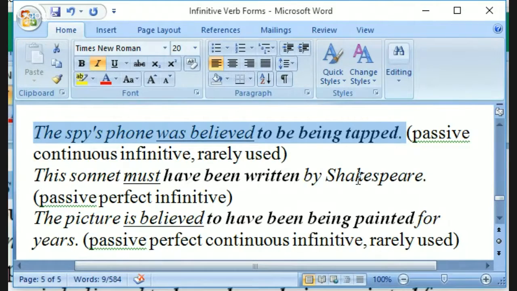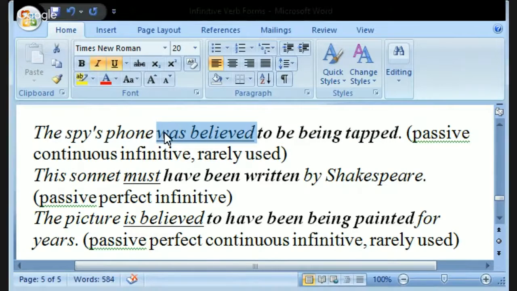Someone believed that the spy's phone was tapped. Okay. Yeah. Had been tapped or was being tapped. Yeah. Probably was being tapped. Was being tapped. Okay. It's very common to use it, as in it was believed the spy's phone was being tapped.